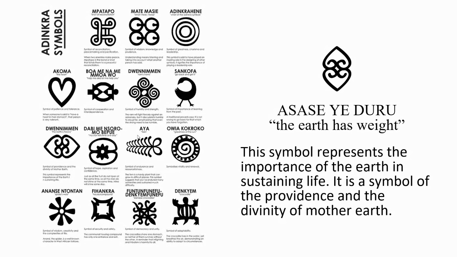Every single time you see this symbol, it is supposed to remind you of the importance and the weight of the earth. As a source of medicine, as a source of shelter, it is what holds us down in space. And so we must take care of it at all costs, because without the earth, of course, we would die as a whole.